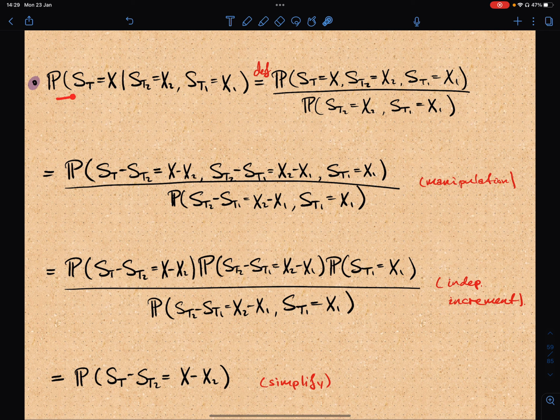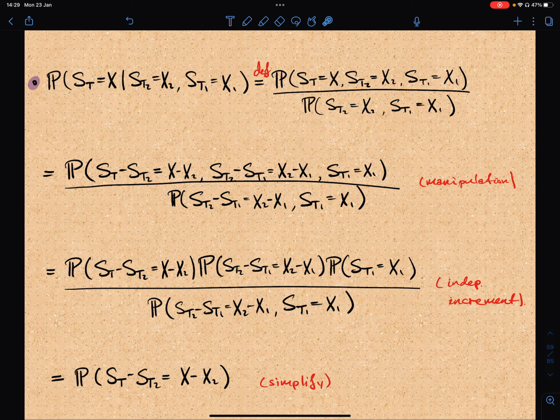So again, we start with the conditional probability, and we re-express it using the definition as the ratio of two probabilities. And we manipulate the events here. Again, we write them as increments. This is the increment from time 0, given that you start at the origin. This is the next increment, and this is the next increment.